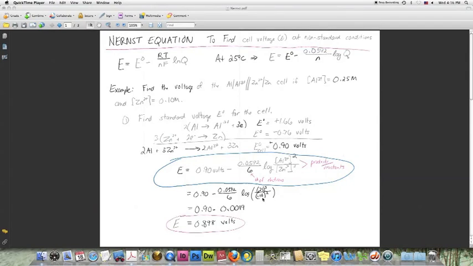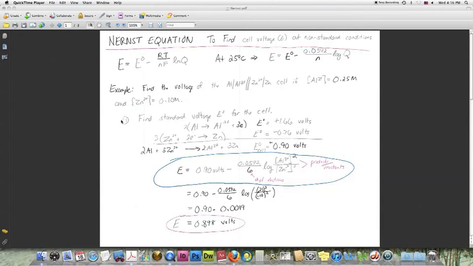So you plug in the information for our concentrations, do all your math, and you come up with a new voltage of 0.898. That's not a very dramatic decrease, but it is a slight decrease compared to the standard voltage. It's pretty typical, actually, that these voltage changes are not really dramatic.